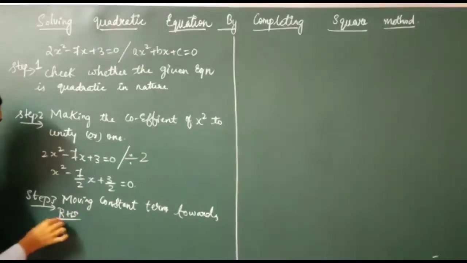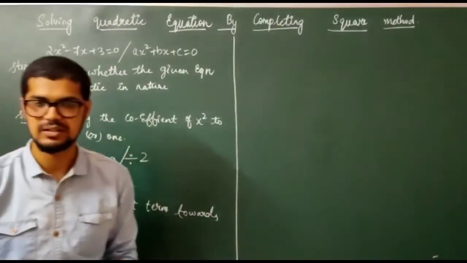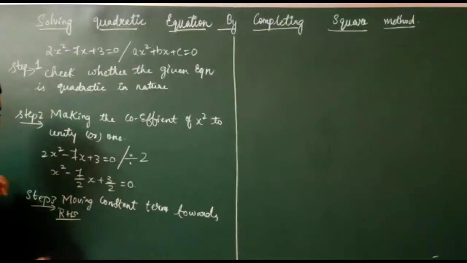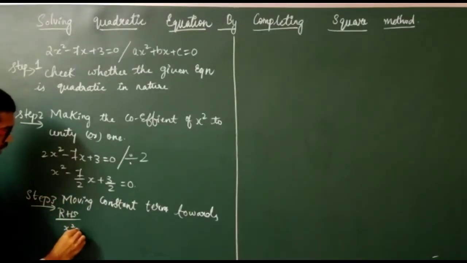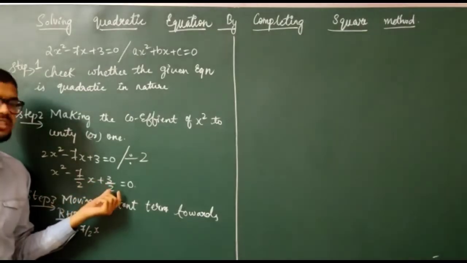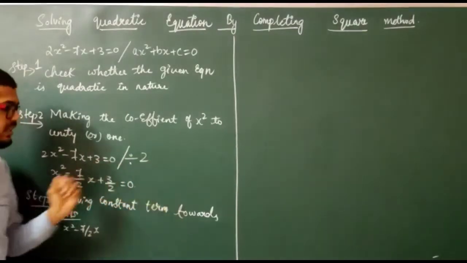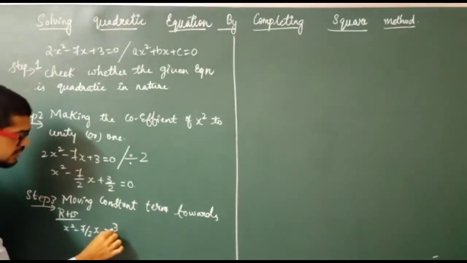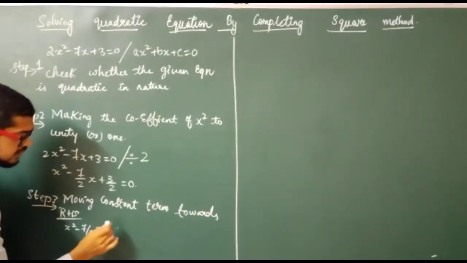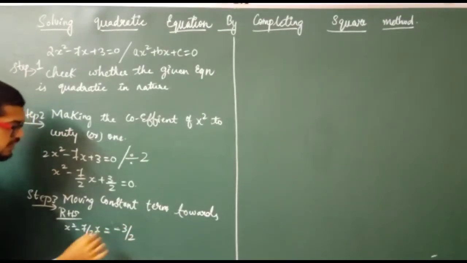What is the meaning of RHS here? RHS means right hand side. Now let me do it here. That is x square minus 7 by 2 x. If I shift this plus 3 by 2 towards the right hand side, I will get minus 3 by 2.